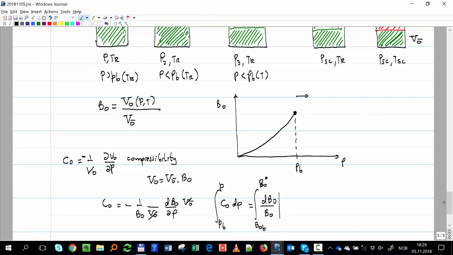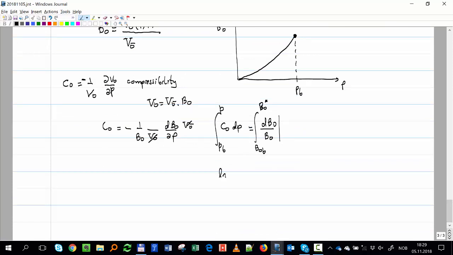That will give me, let's see if I don't make any mistakes, ln of BO minus ln of BOB equal to minus CO times P minus PB. I missed the minus someplace here. Then I apply the exponential function, which gives me BO equals BOB times e to the minus CO times P minus PB.